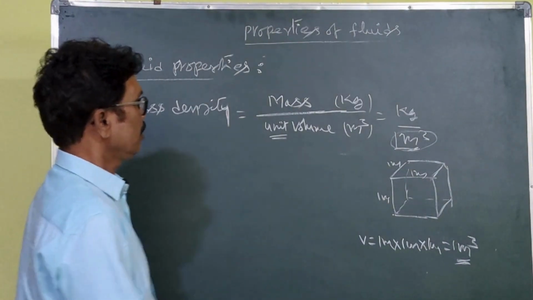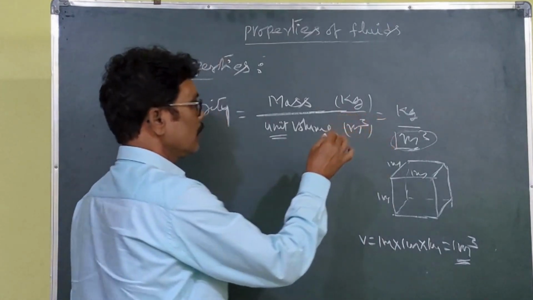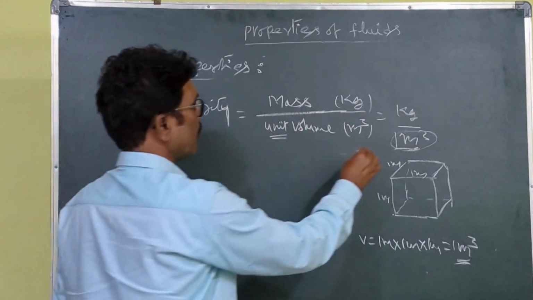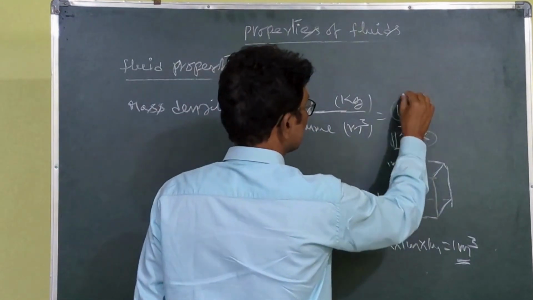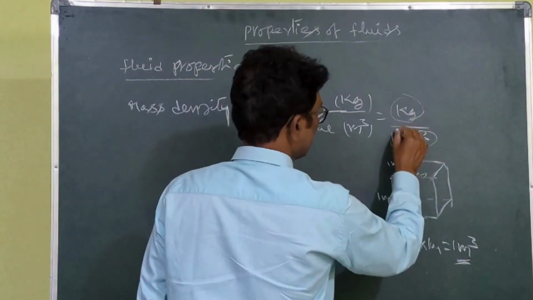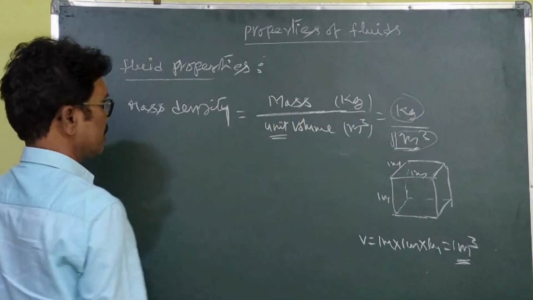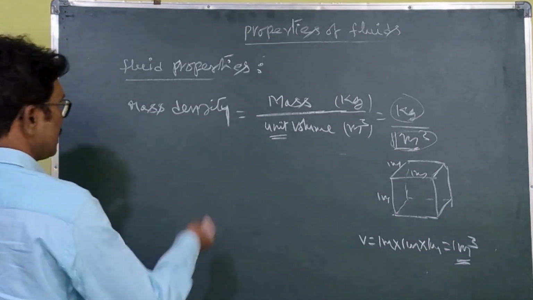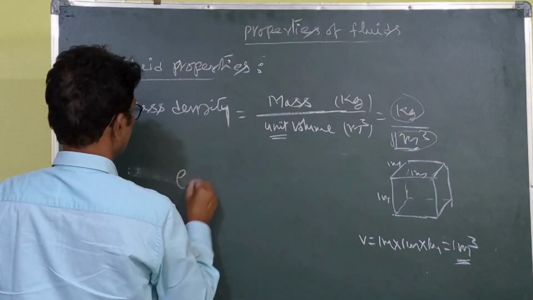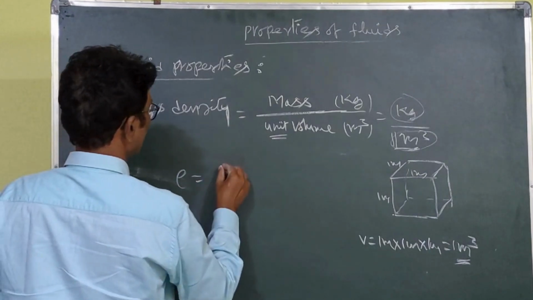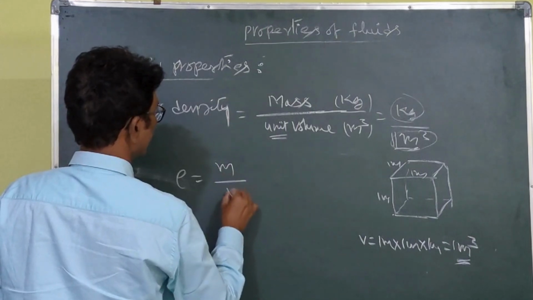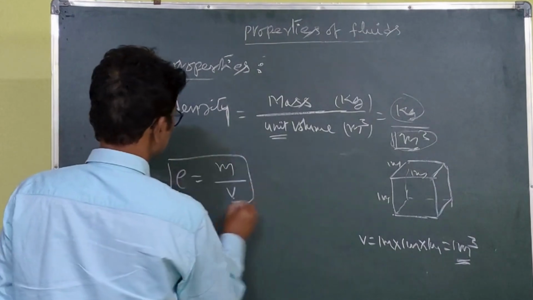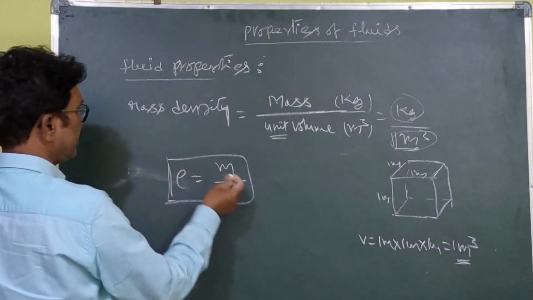I hope you can understand. Whatever quantity of fluid is accommodated in that 1 meter cube volume, its mass divided by that volume gives the mass density. Okay, mass density is denoted by rho, mass by m, volume by v. From this equation, there are three terms.